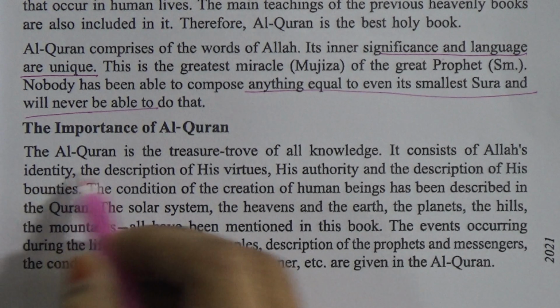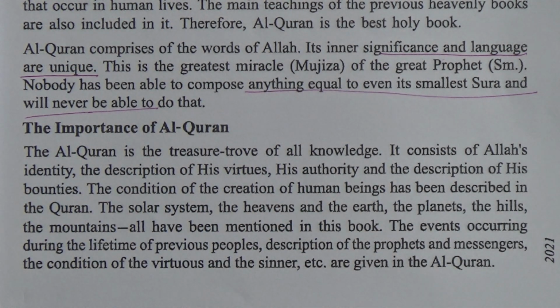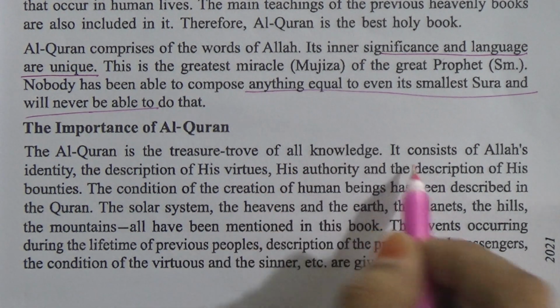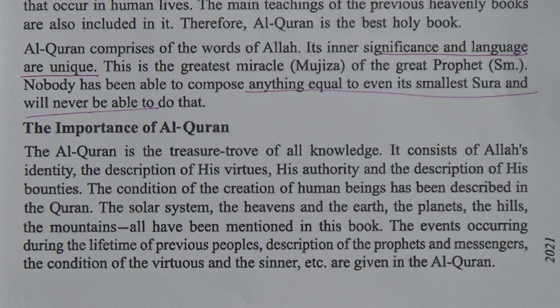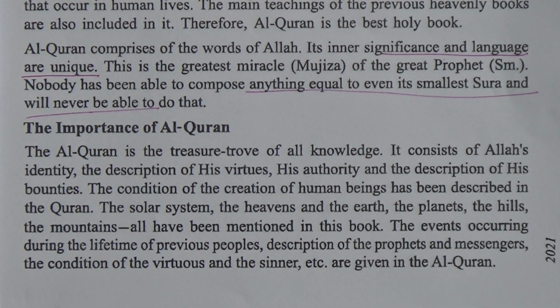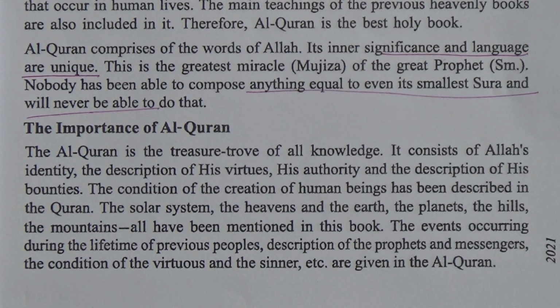The importance of Al-Quran. The Al-Quran is the treasure trove of all knowledge. It consists of Allah's identity, the description of His virtues, His authority, and the description of His boundaries. The condition of the creation of human beings has been described in the Quran.